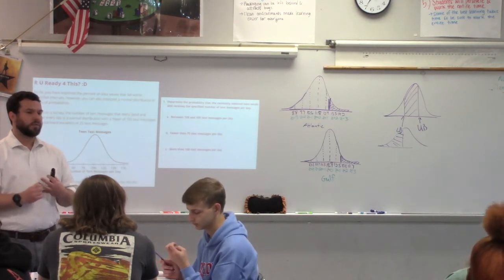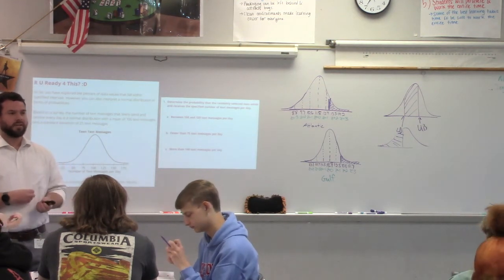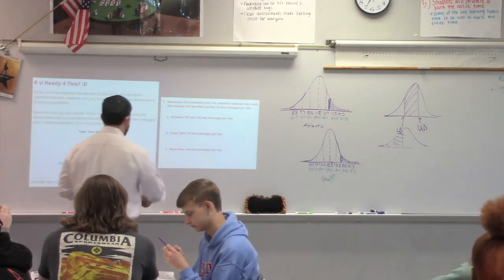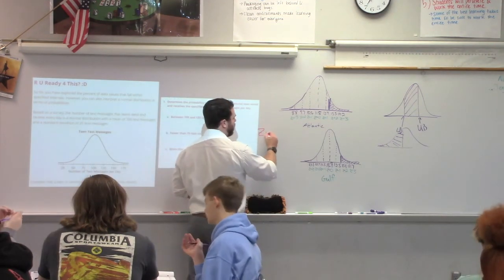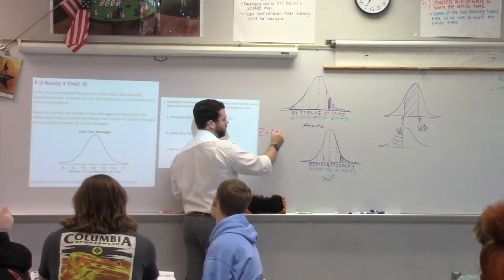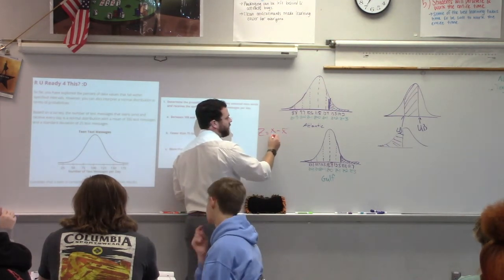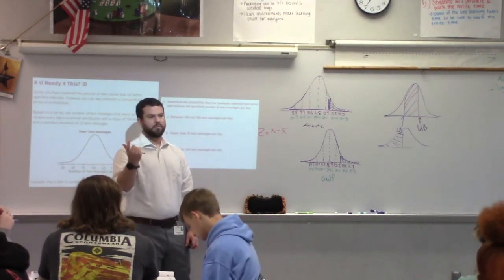That's the z-score. A z-score is the number of standard deviations that a value is from the mean. That's why when we look at the z-score formula, what's the numerator? Value minus the mean, right? Doesn't that tell you how far that value is from the mean? Yep.